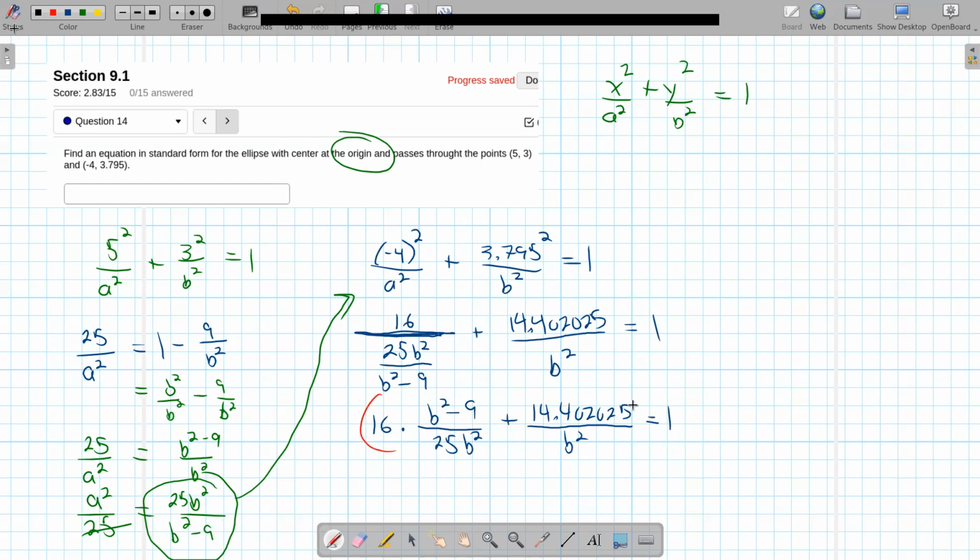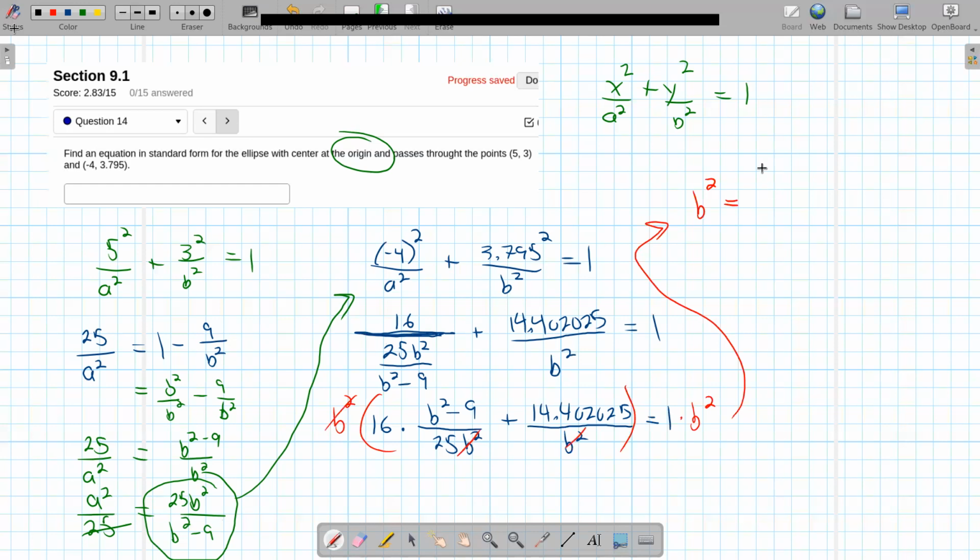So this side times b squared, this side times b squared, and we're just going to reverse the order. So I'm going to get b squared equals, and then when we multiply the b squared through, they cancel the b squareds in the bottom. So this b squared distributes to cancel those two.